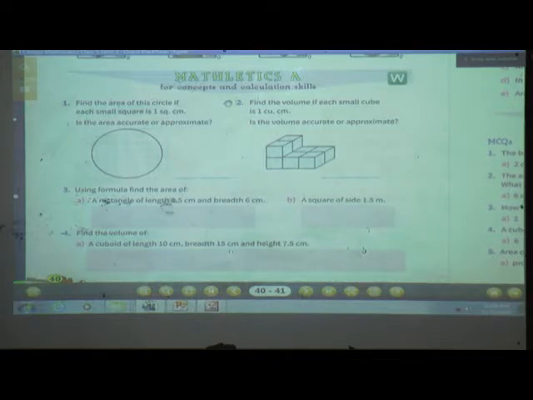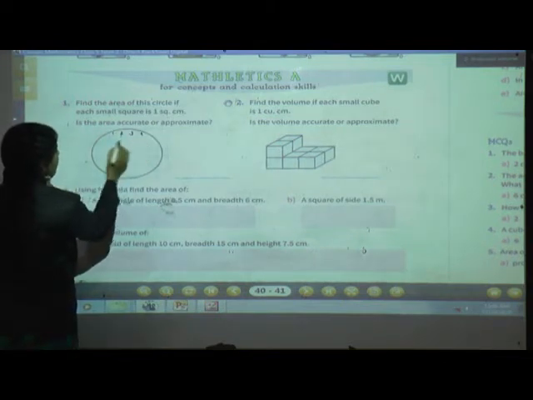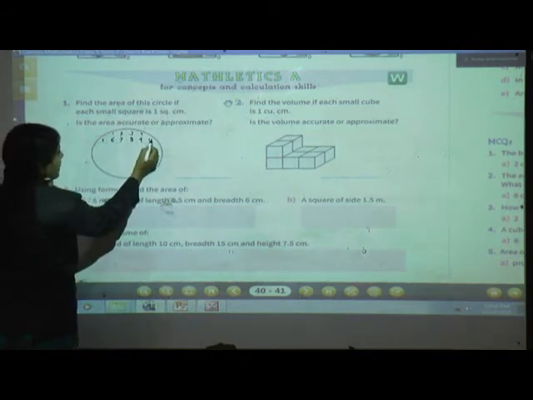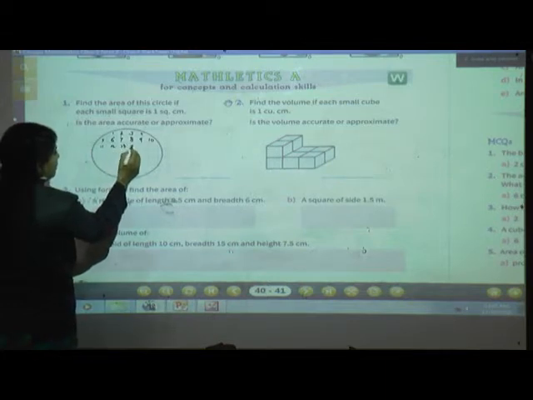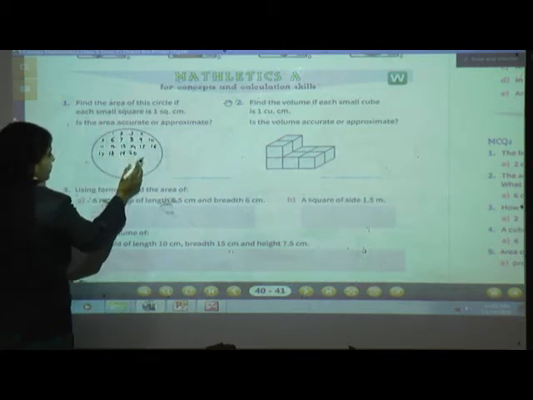Now Mathematics A, first one. Here 1, 2, 3, 4, 5, 6, 7, 8, 9, 10, 11, 12, 13, 14, 15, 16, 17, 18, 19, 20.